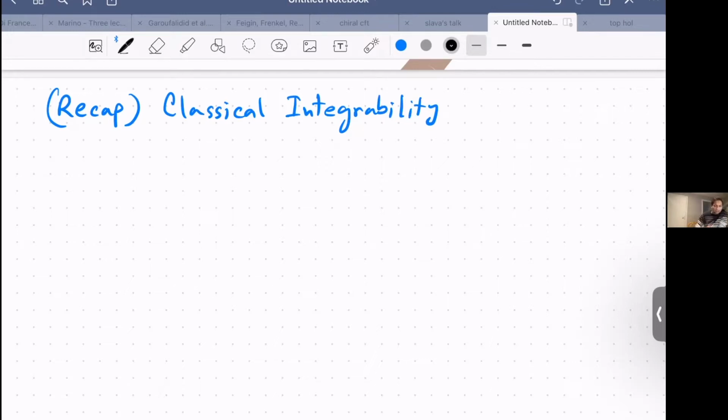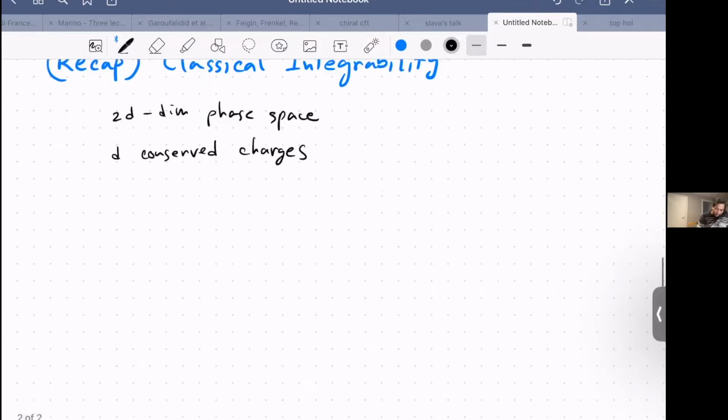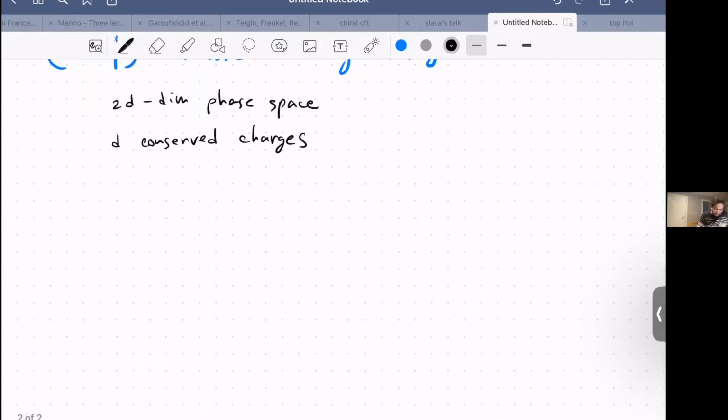So this idea was formalized by Liouville, who said that if we have a classical mechanical system of dimension 2D, by which I mean that the phase space has dimension 2D, and if you have D conserved charges, let's call them J1 to JD.